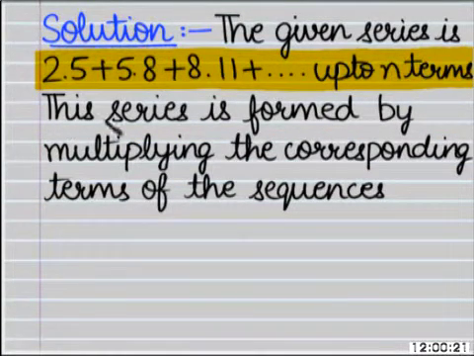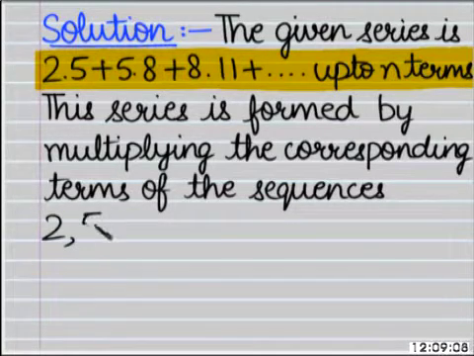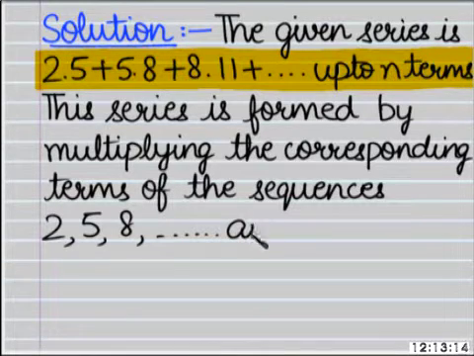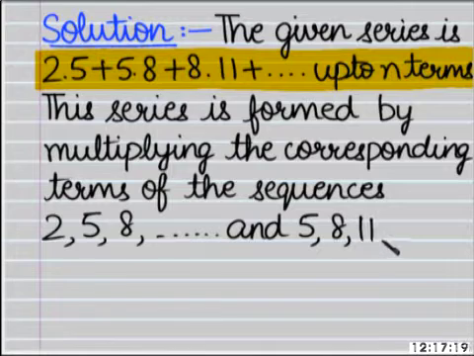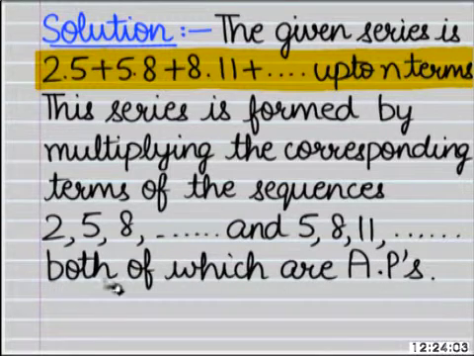Now this series is formed by multiplying the corresponding terms of the sequences 2, 5, 8 and so on, and 5, 8, 11 and so on, both of which are APs.